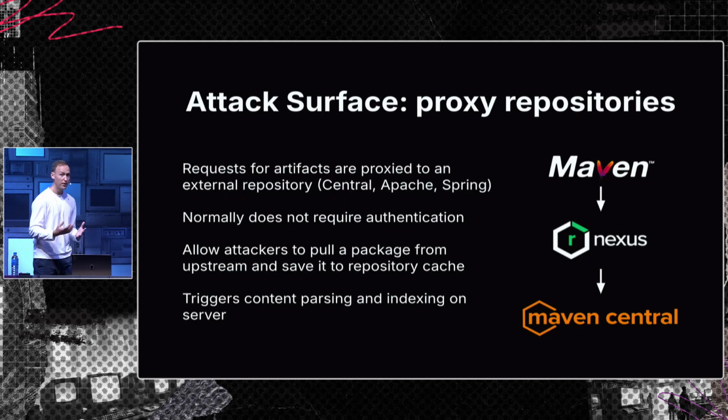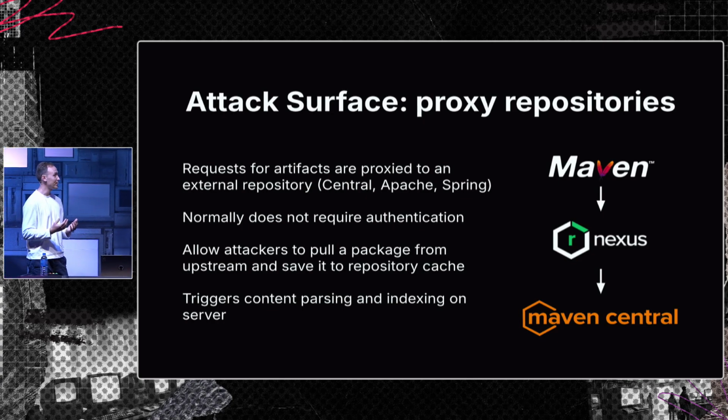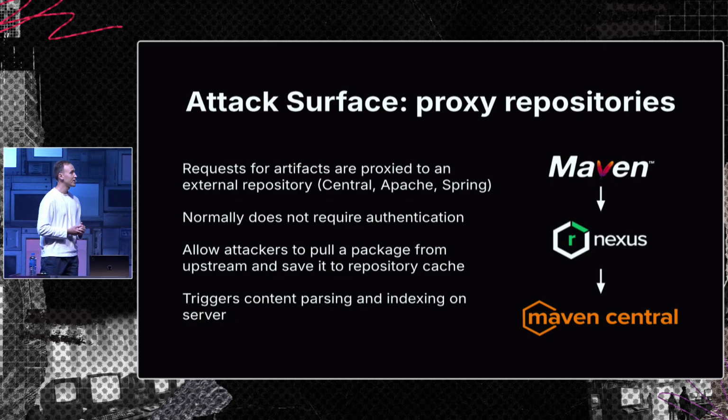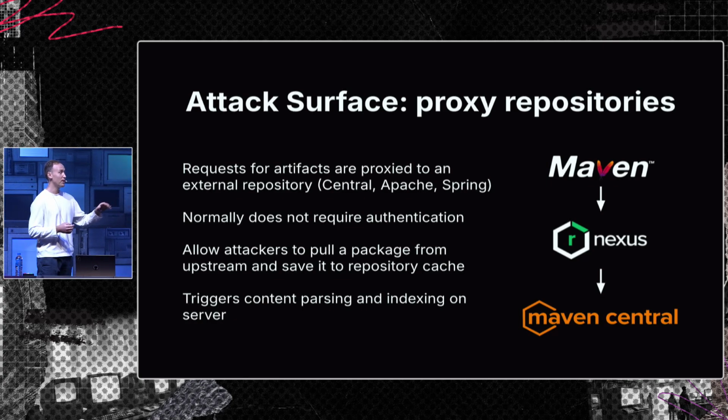And the interesting thing about Maven proxy repositories is that they actually extend the attack surface, and they allow even unauthenticated users to upload artifacts to Maven Central and then pull them into the local repository.